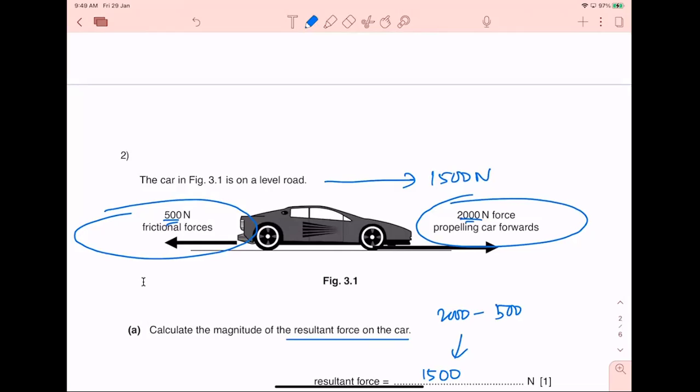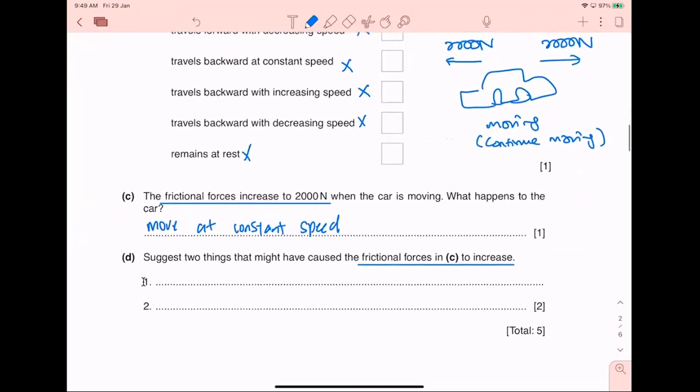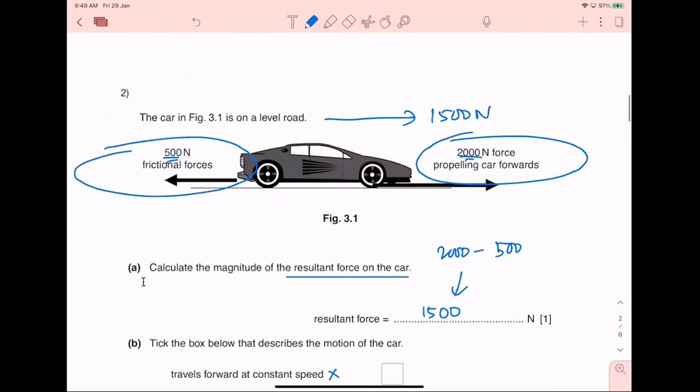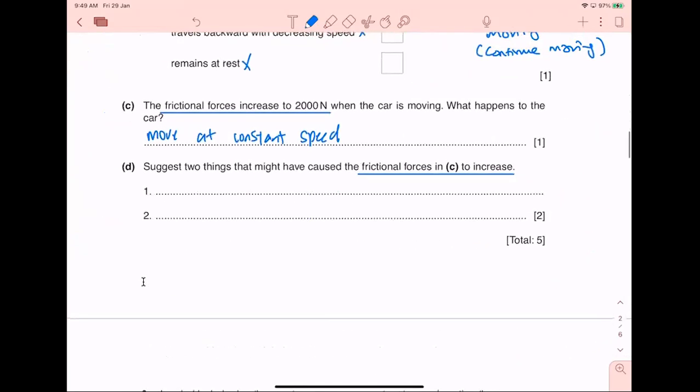You have to imagine you are in the current situation. For two things that might have caused the frictional forces to increase, it means anything that happens to the car, not the people inside the car. So in this question, we are focusing on the car.